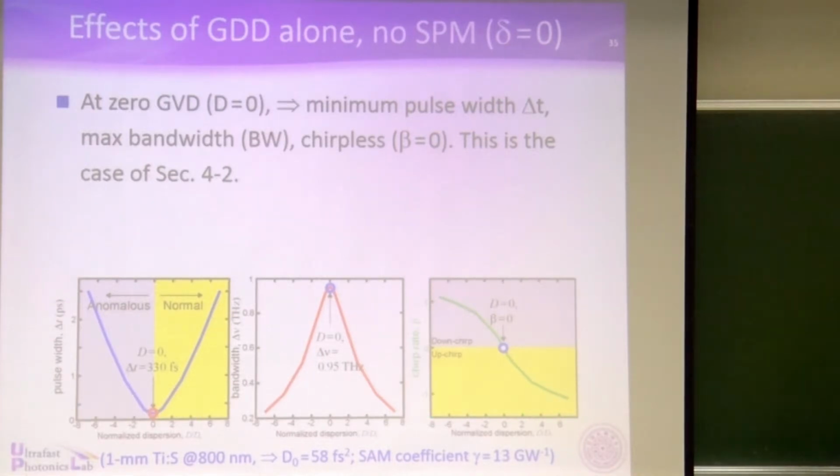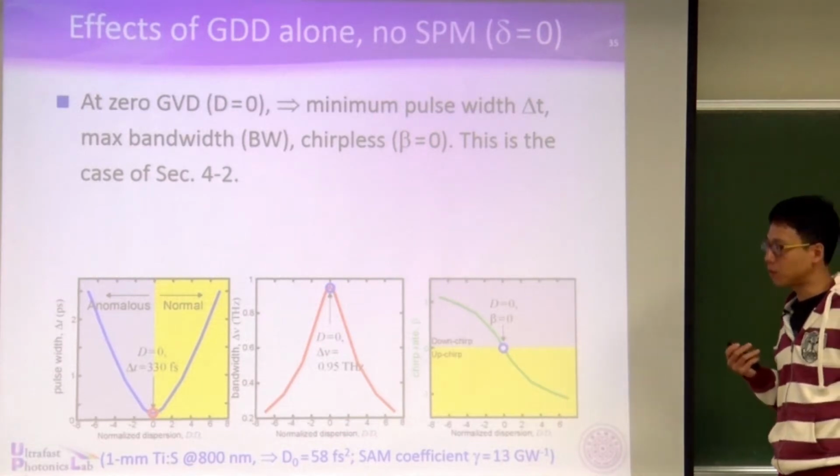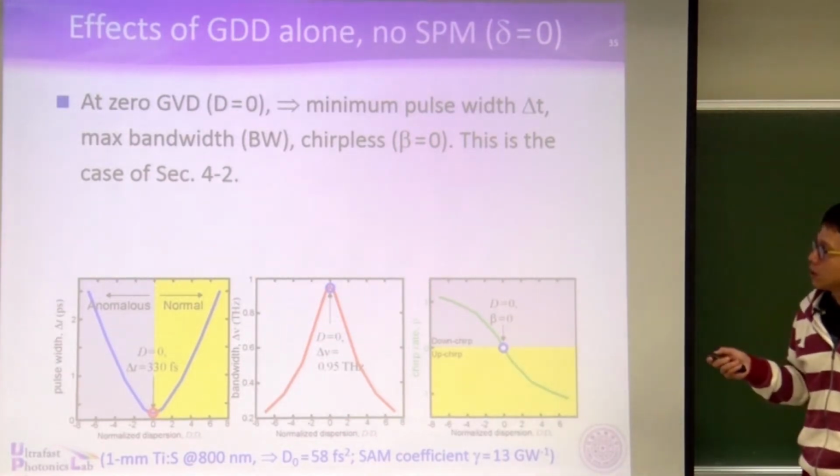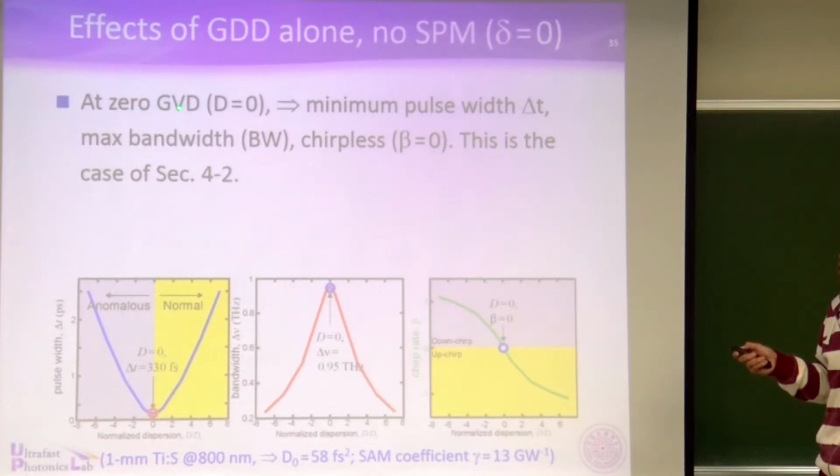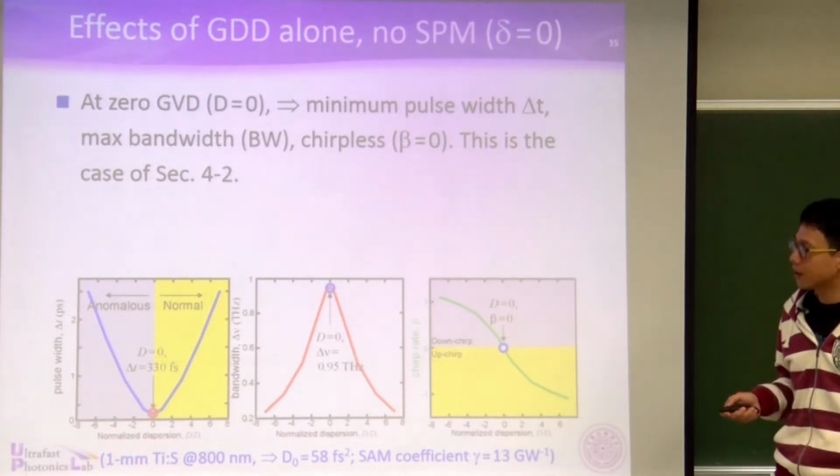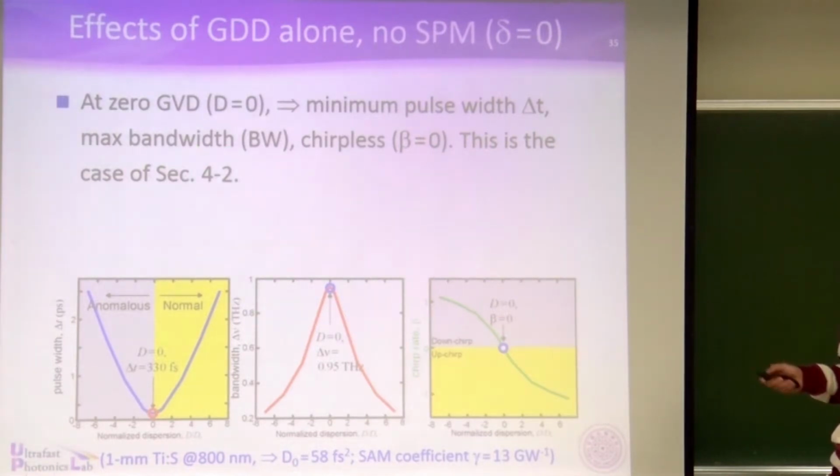Okay. So what information could we obtain from these 3 curves? For example, at 0 GDD, your big D coefficient is 0. You get minimal pulse width. If you check the blue curve, where is the minimum point? Here. And it occurs when the GDD parameter is 0. You get the maximum bandwidth, because if you look at the red curve, where is the maximum? Here. And it occurs at 0 GDD.